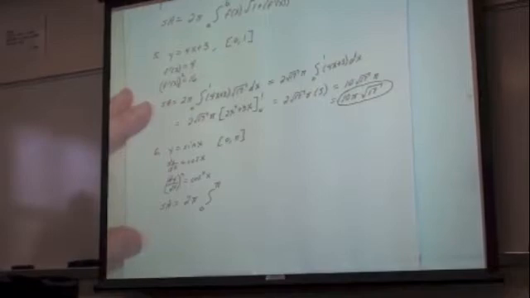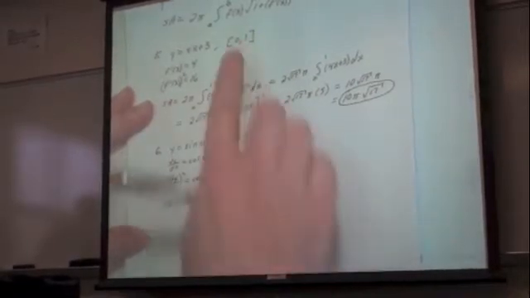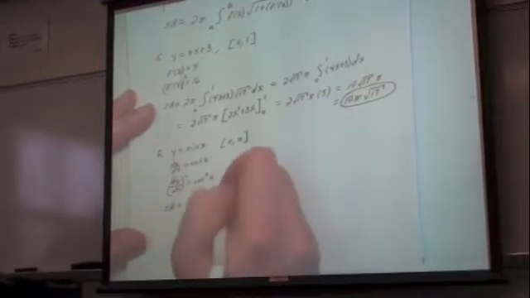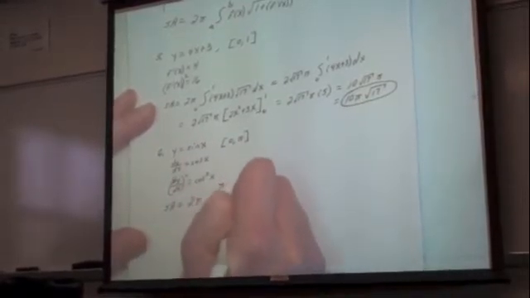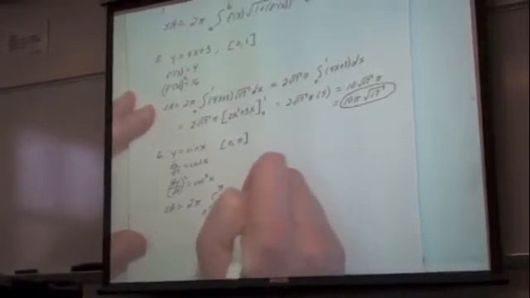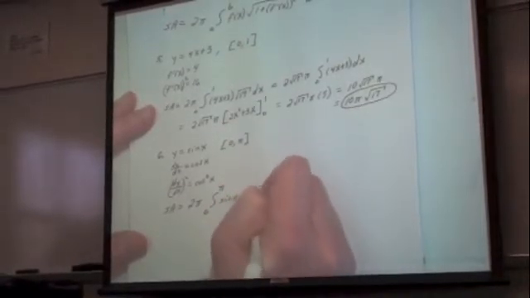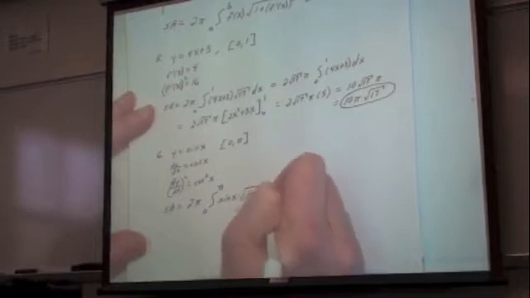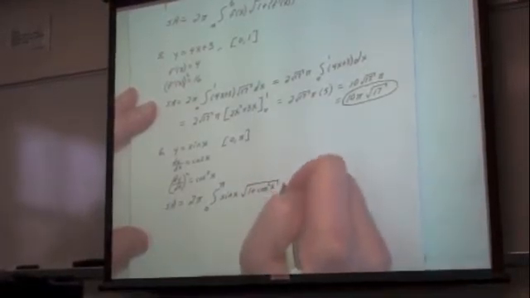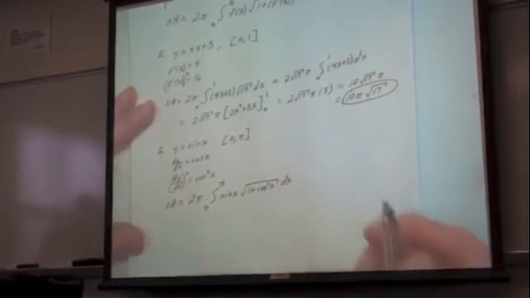So I'm just plugging in exactly what I see here. These problems are very formula-based. You just use the formula, plug it in, it works nicely. f of x is sine of x, times the square root of 1 plus cosine squared. I started to say that's an identity, but actually, no, it's not. So 1 plus cosine squared dx.